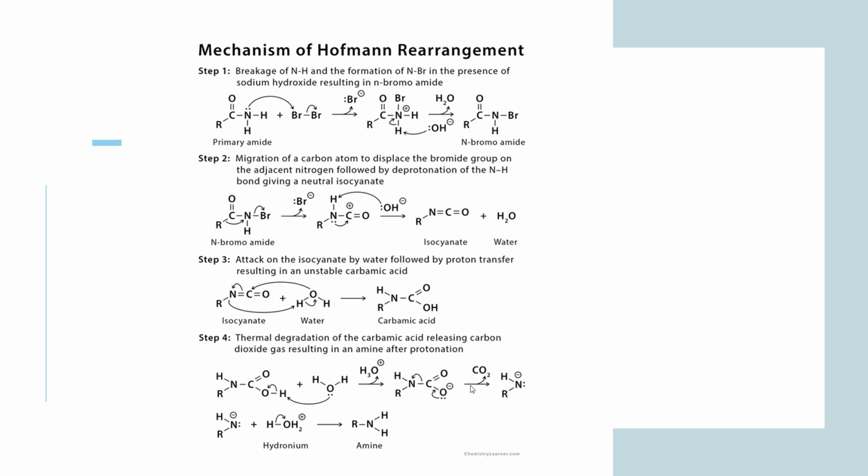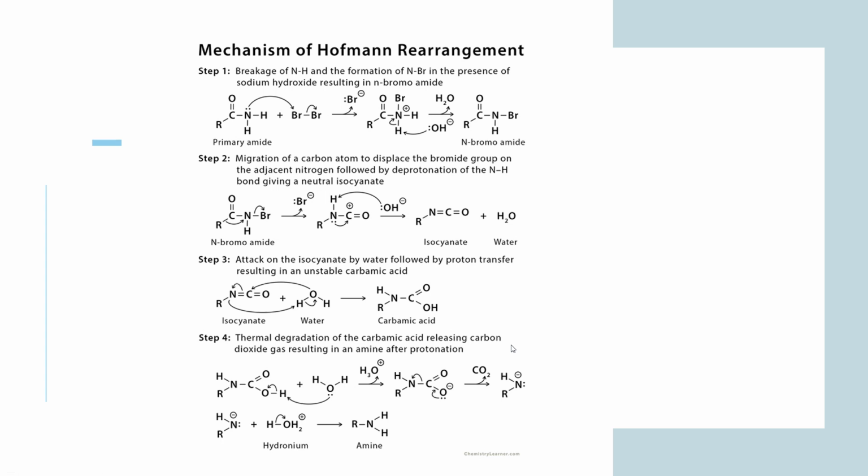So, thus, this Hoffman rearrangement reaction is following this pathway where you get this isocyanate as a very important reaction intermediate, which converts into carbamic acid, and lastly you get amine as the final product due to decarboxylation.